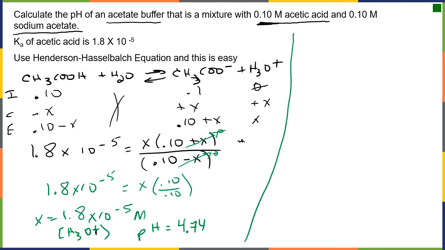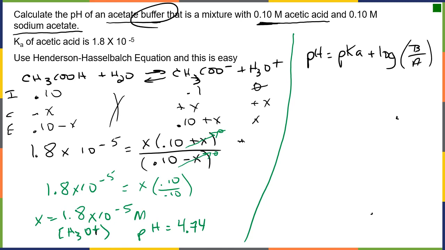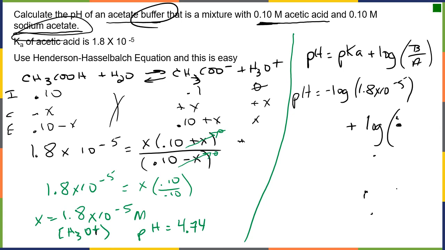You go, okay, I thought you said there was a shorthand. There is a shorthand. The shorthand says, hey, we have a buffer. If we have a buffer, pH is equal to pKa plus the base 10 log of the initial amount of the base over the acid. So pH is going to equal minus base 10 log of 1.8 times 10 to the minus 5 plus the log of the base, which is our acetate, which is 0.1, over our acid, which is our acetic acid.